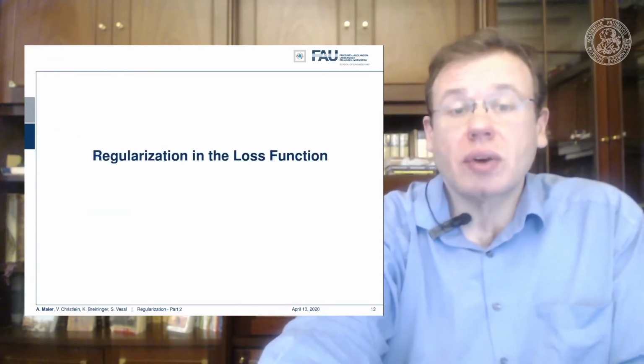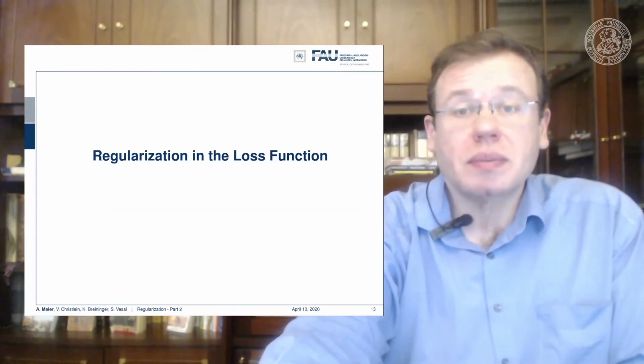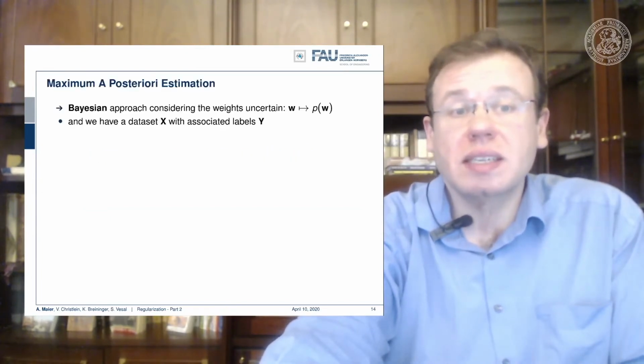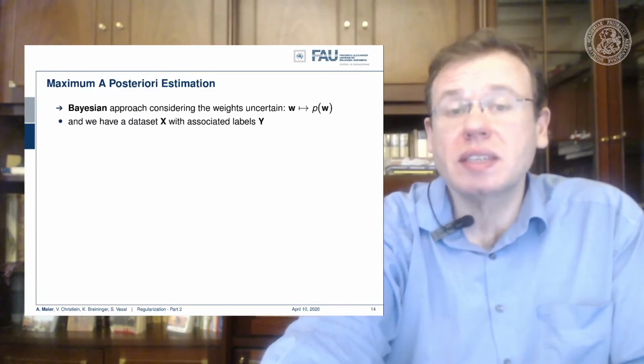What else? We can regularize in the loss function. And here we can see that this essentially leads to maximum a posteriori estimation. We can do this in a Bayesian approach, where we want to consider the uncertain weights W and that they follow some prior distribution.